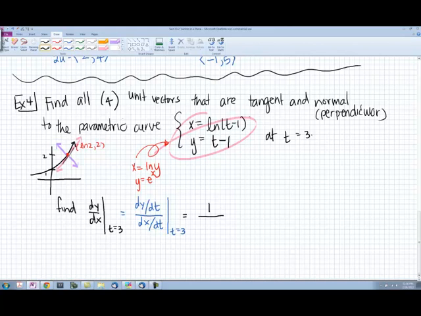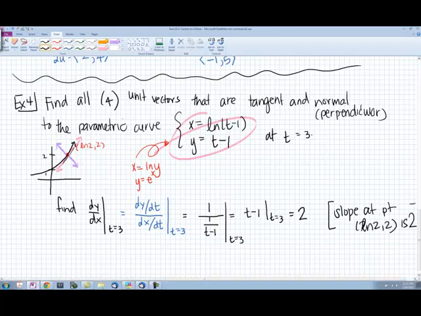Now what's the derivative of the x value with respect to t? That's going to be 1 over t minus 1 times 1 for the chain rule. So we can simplify this and get t minus 1, and we have to evaluate at 3. So we get this equals 2. So what does this mean? The slope at the point ln of 2, 2 is equal to 2.